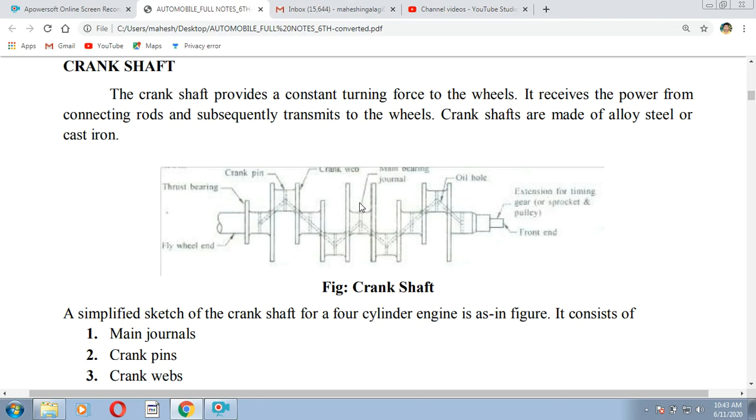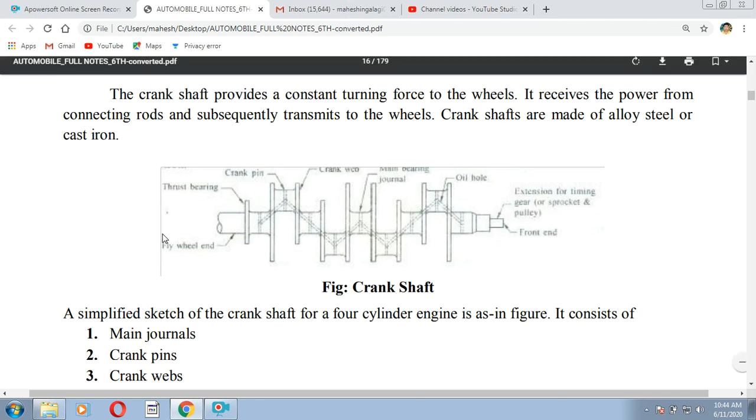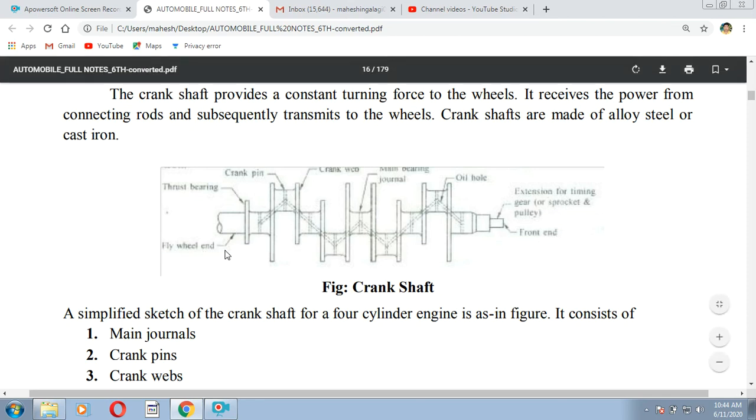This is the main bearing journal. Oil holes are provided for lubrication, and an extension for the timing gear or sprocket and pulley at the front end. This is the front end and this is the flywheel end. So that is the crankshaft.